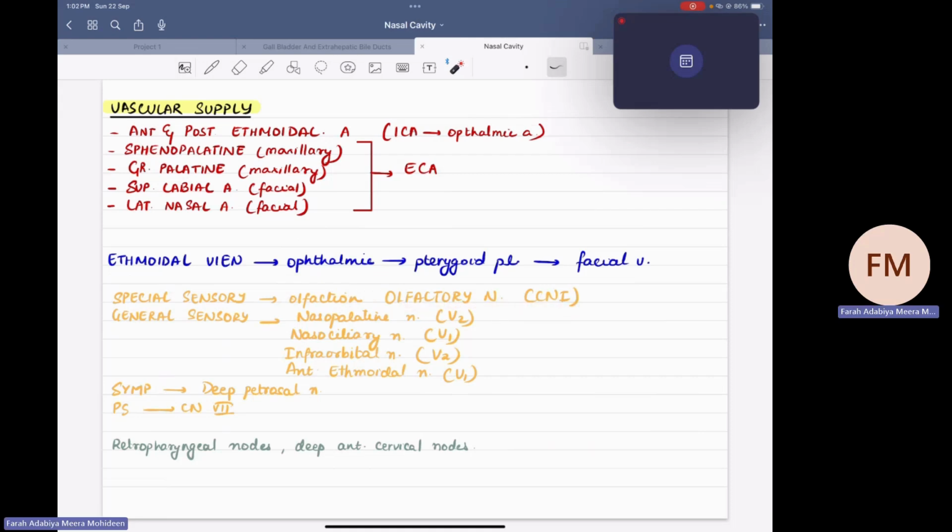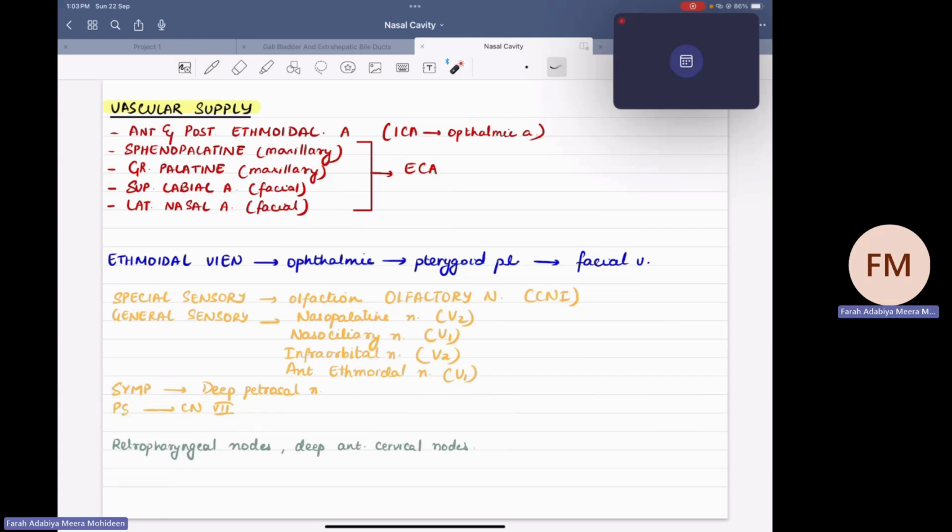Your general sensory is given by V1 and V2, which are your ophthalmic and maxillary nerves of CN5. The branches are nasopalatine, nasociliary, infraorbital, and anterior ethmoidal nerve. Your sympathetic innervation is given by the deep petrosal nerve, and parasympathetic is given by the facial nerve.